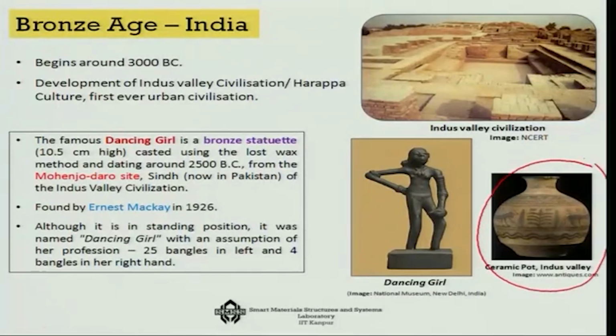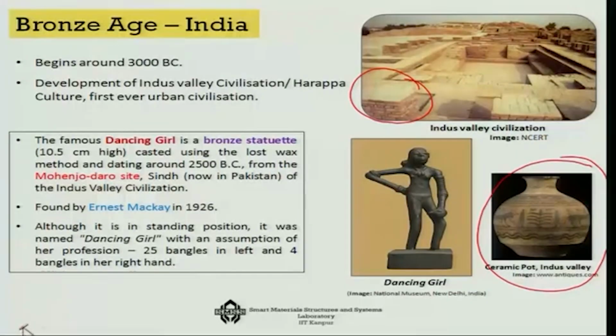In fact, ceramics played a very important role in the Indus Valley civilization, and we claim that India is possibly the first place where ceramics and to some extent ceramic composites were discovered, and they were hugely applied for pottery, for making bricks, for beautiful building constructions. So, ceramics played a very important role in all these things.